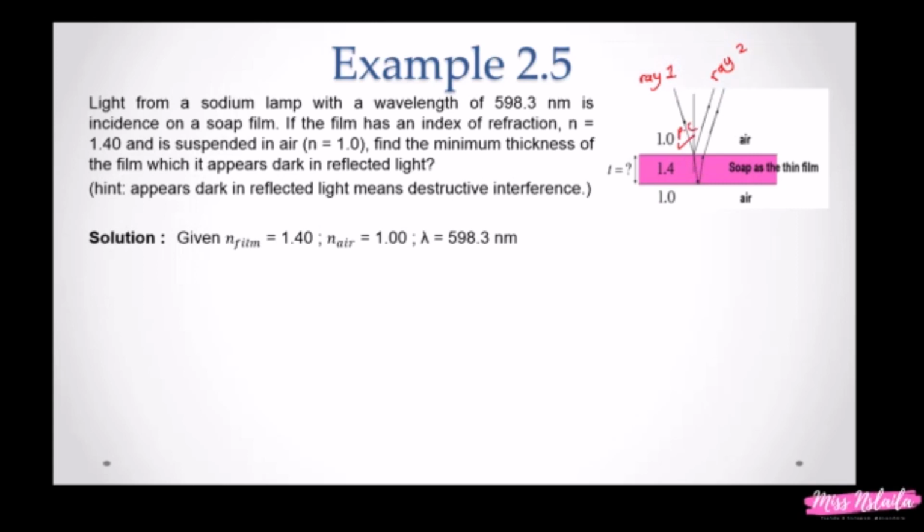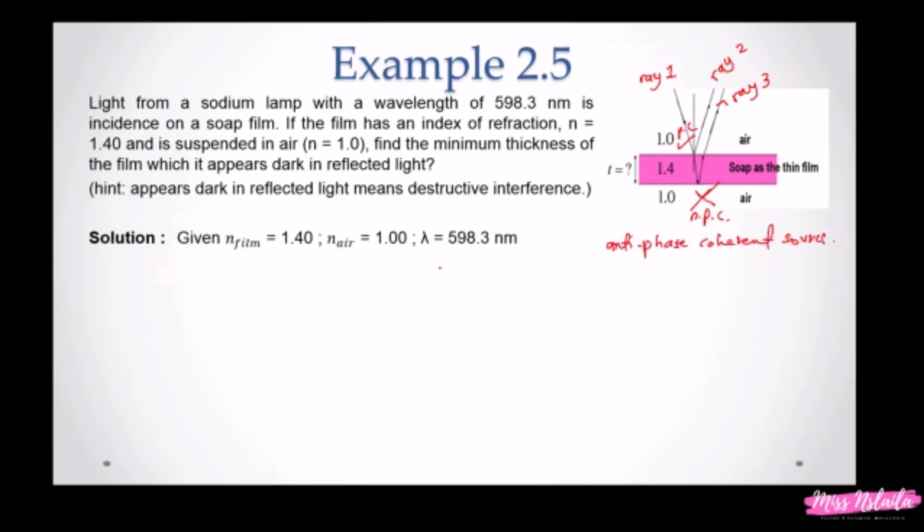And this refracted light ray will be reflected again to produce ray 3. For ray 3, there will be no phase change because it is from denser to less dense medium. If one of the reflected rays does not have phase change, they will act as anti-phase coherent source.